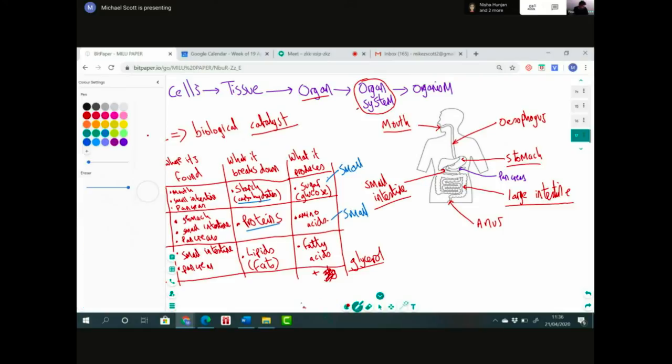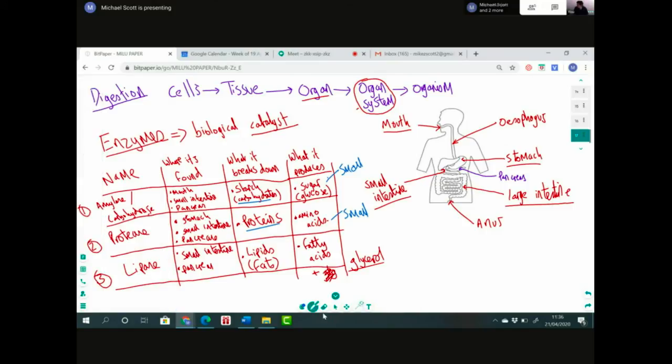The importance of these enzymes is that they all turn these large molecules like starch, protein, and lipids into much smaller ones. And the reason we want these much smaller molecules is because they can be absorbed a lot easier into the bloodstream.